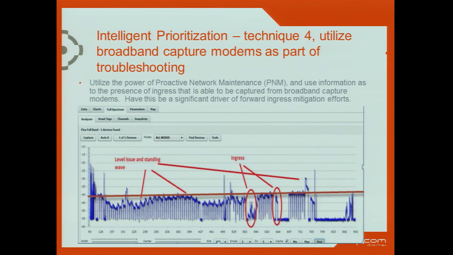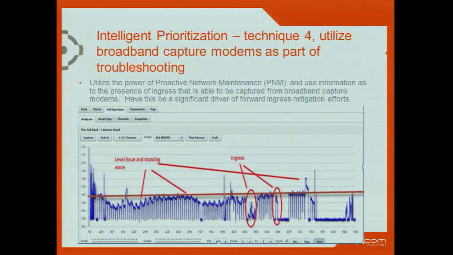And forward ingress will manifest as inhabiting the same channel as the downlink frequency. In this case, we're looking at a Comcast Scout Flux screen that says, yes, you've got ingress, the presence of ingress, and yes, it's at these frequencies. So now you know you have an ingress problem, a forward ingress problem.